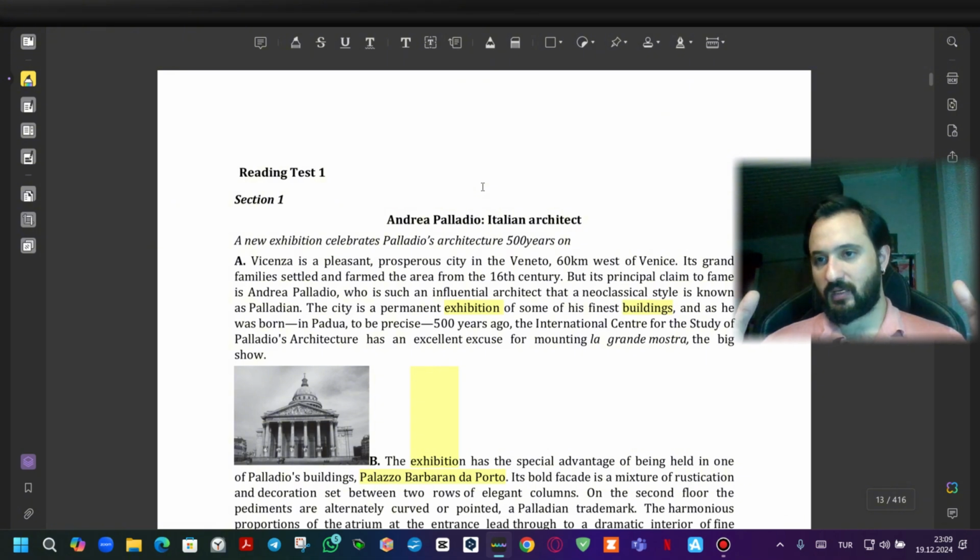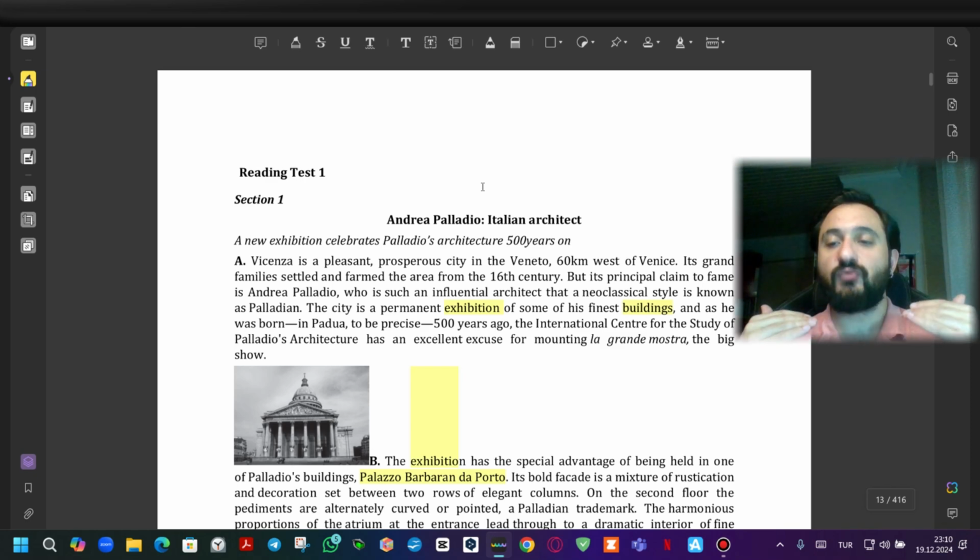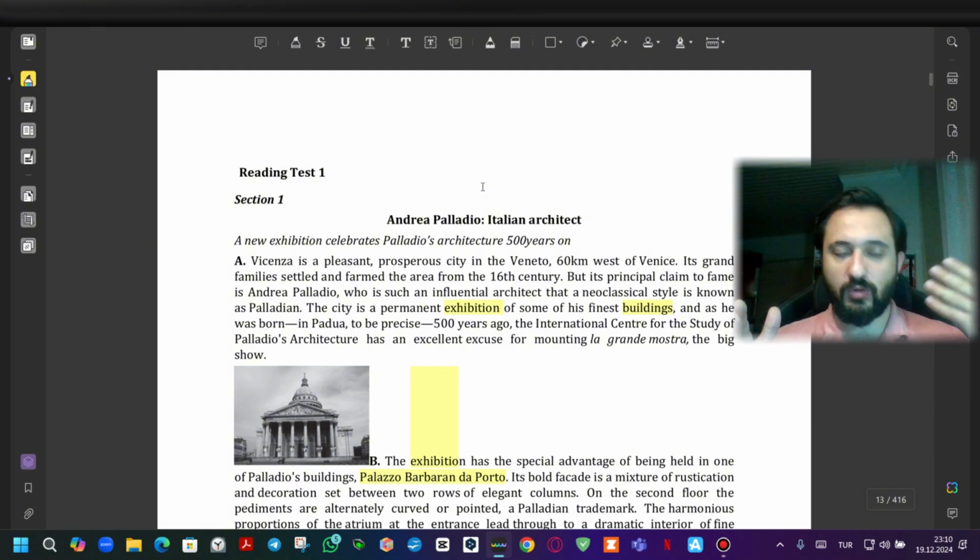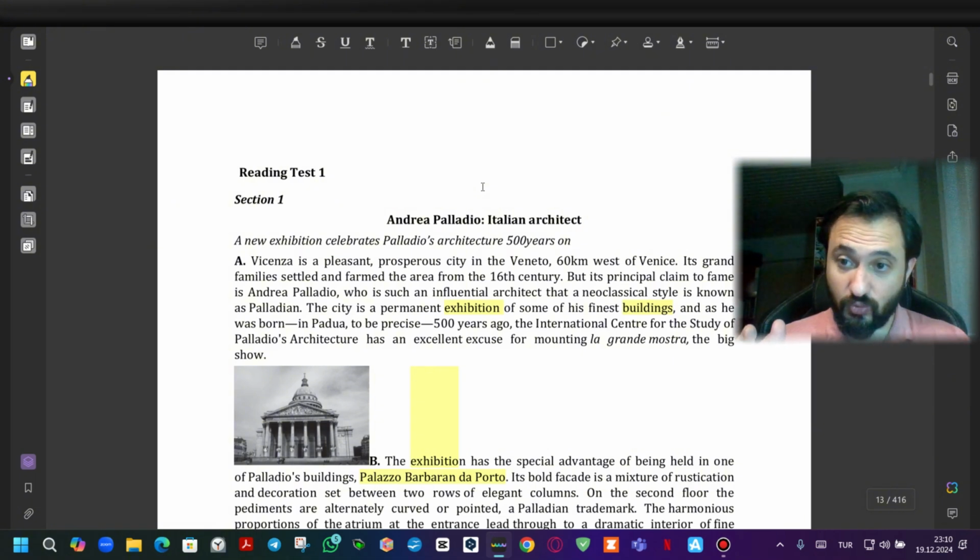For example, the first article is about architecture, the second one is about farming, and the third one is about the social security system. Okay, which one do you know? You need to start from it. Then you can go to the next section or the third article. It's okay.